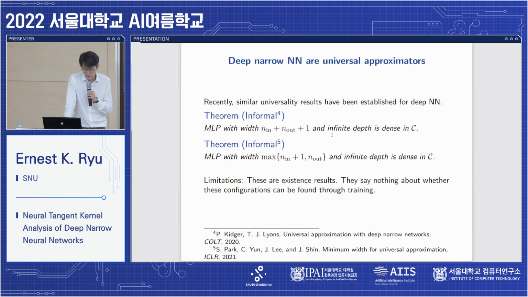There's a result by Kidger and Lyons and another by Professor Shin's group at KAIST. They basically establish that MLPs with a certain narrow width and infinite depth are dense in the space of continuous functions. They can approximate any continuous function. So again, these are nice encouraging results, but again, they are mere existence results. They do not say anything about whether these approximations can be found through training.